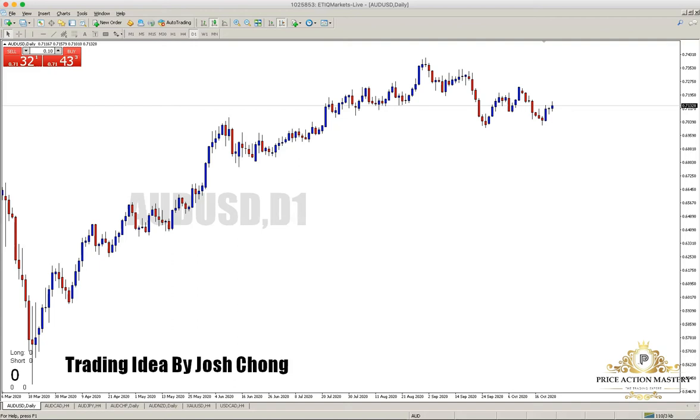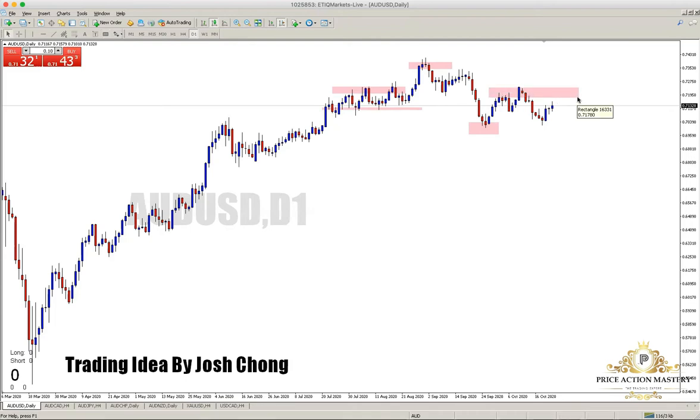Okay, so let's get started with the first pair. First will be Aussie dollar. Let's find out the trend first. Higher high, higher low, and this is a higher low as well, and then this is the lower low. So the market is already creating a lower low, and this area might be a lower high as well.